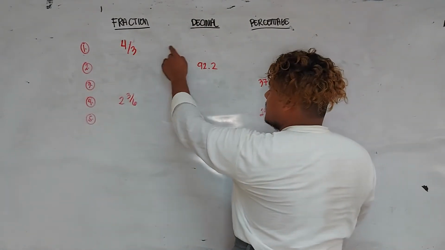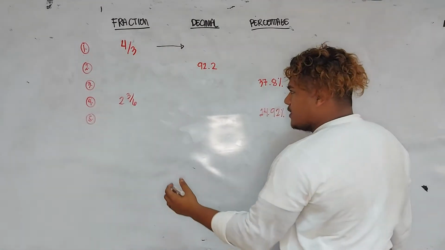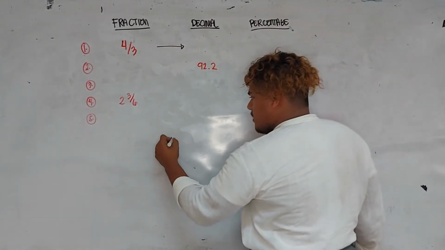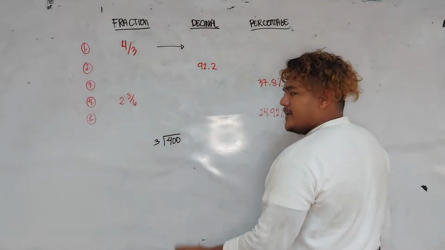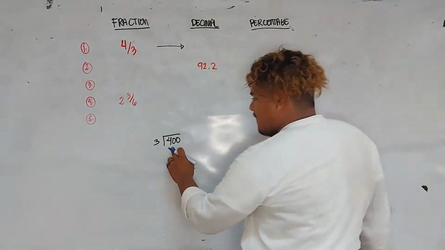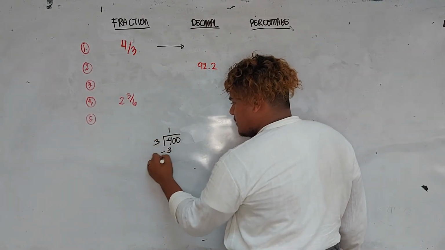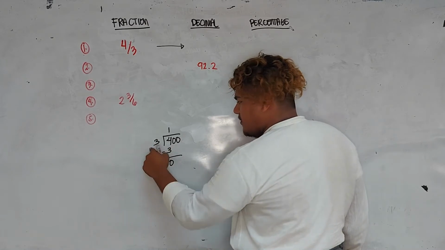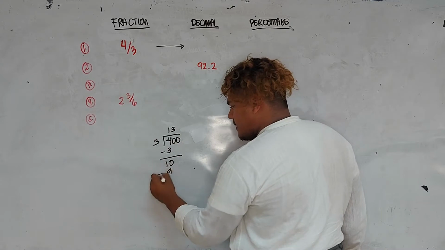What is the decimal equivalence of 4/3? How do you do that? 400 divided by 3. We already discussed this, right? 4 divided by 3, that is 1, that is 3, 1, 0. 10 divided by 3, that is 3, because 3 times 3 is 9.